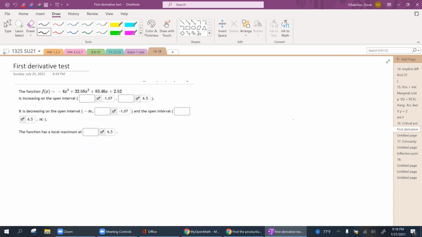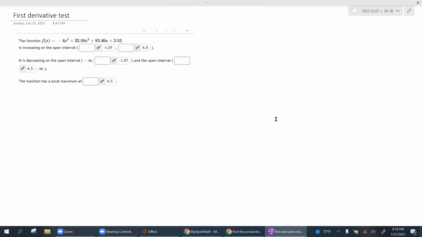So hey, I give you a function and I need us to apply the first derivative test. So what I need to do is take the first derivative. This gives me negative 12x squared plus 65.16x plus 83.46.